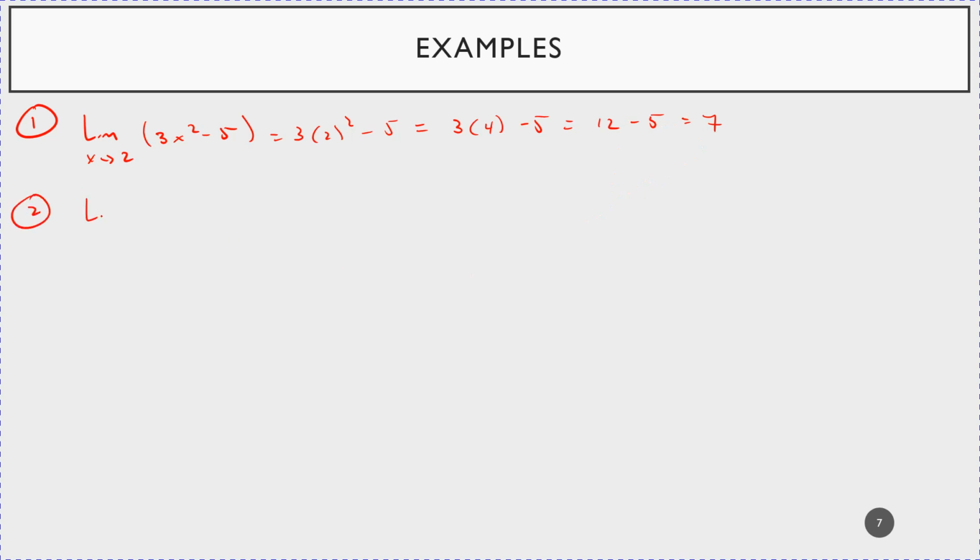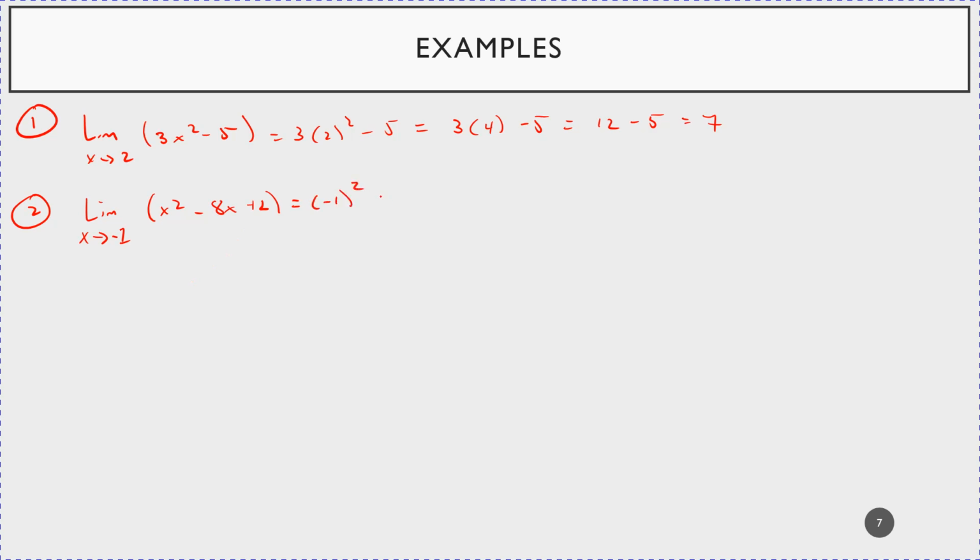Let's try this one. The limit as x goes to -1 of this, x squared minus 8x plus 2. So ask yourself this, is it a polynomial function? Yes! So literally just take this -1 and plug it in.